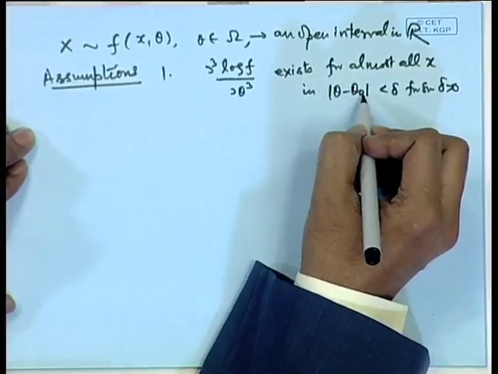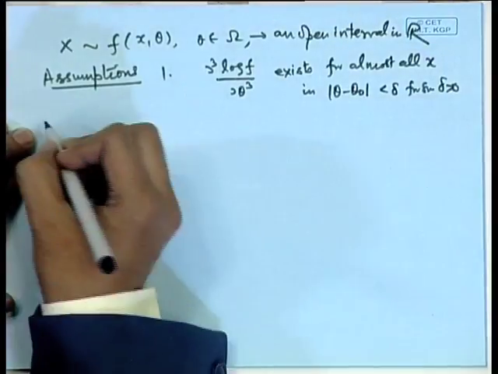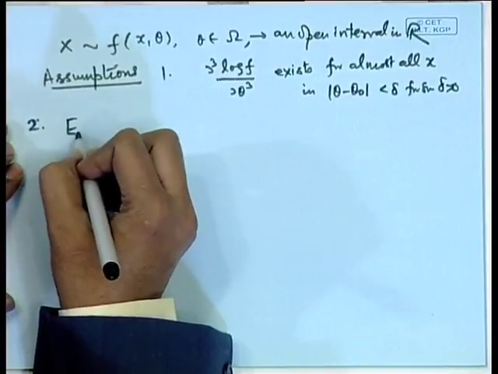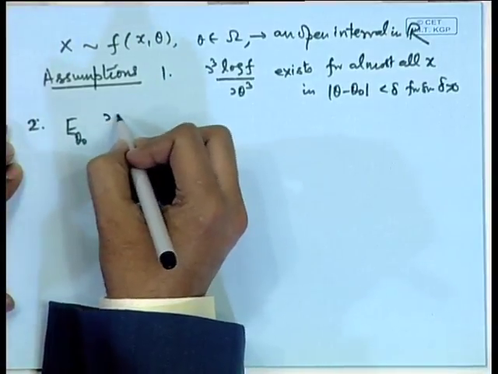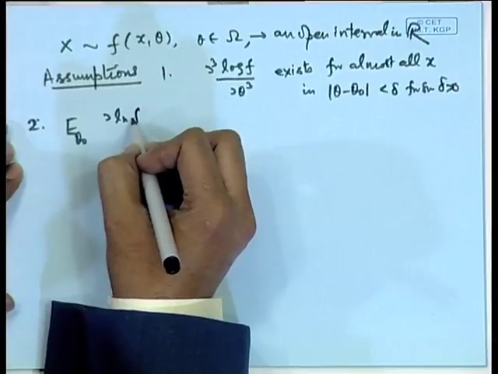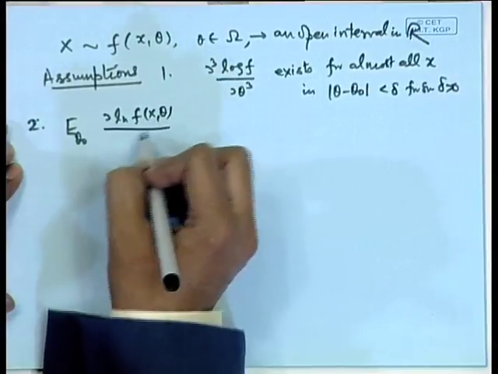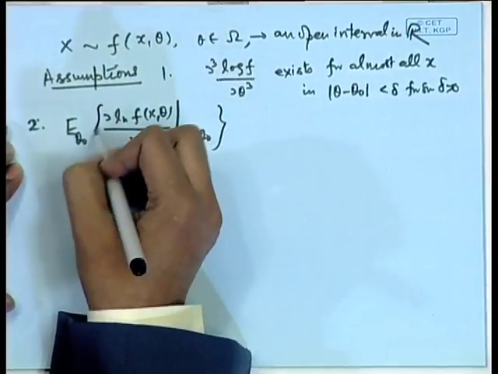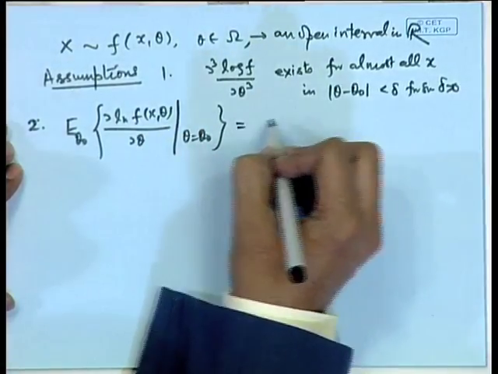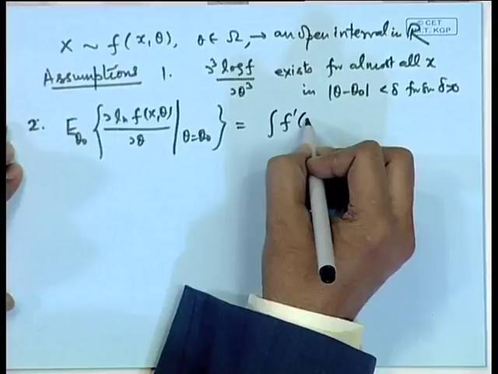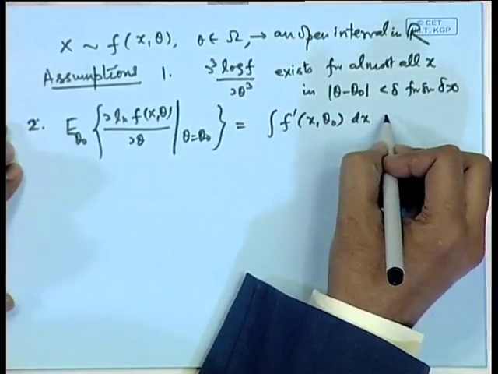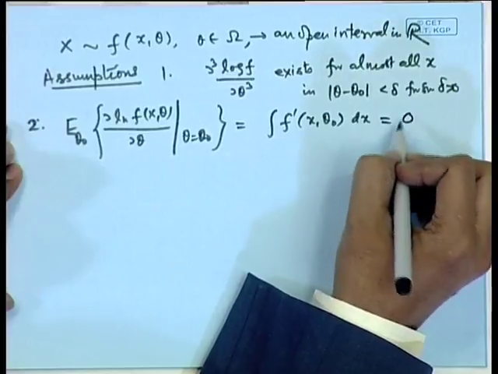So, around some neighborhood of a point theta naught. Second assumption is that at a point theta naught, this expectation becomes 0. Basically, it means that the density can be differentiated under the integral sign.